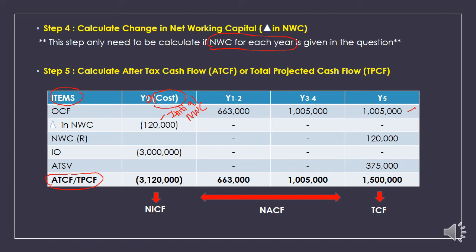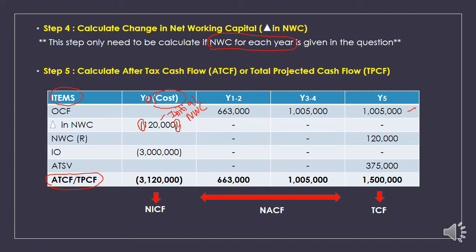Since this column represents cost, you need to put brackets at the amount of 120,000, because brackets represent the cost of net working capital.